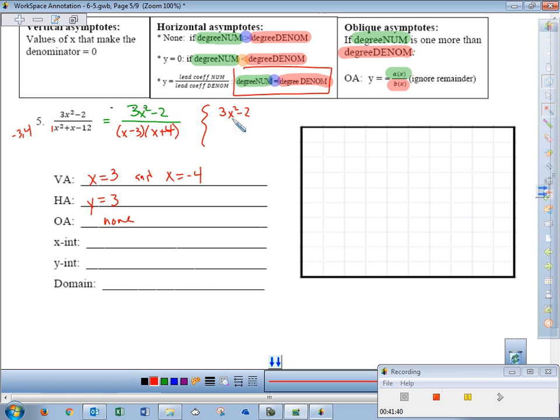That is the numerator. I'm going to set it equal to 0 and solve for x. First move would be to add 2: 3x squared equals 2. Divide by 3: x squared equals 2/3.